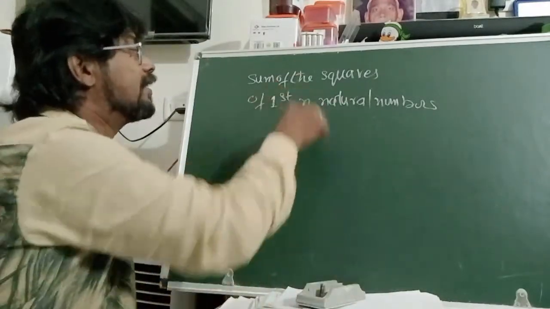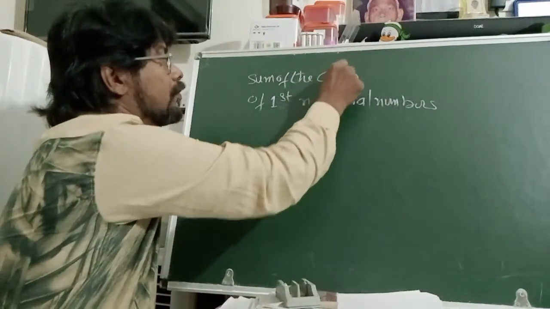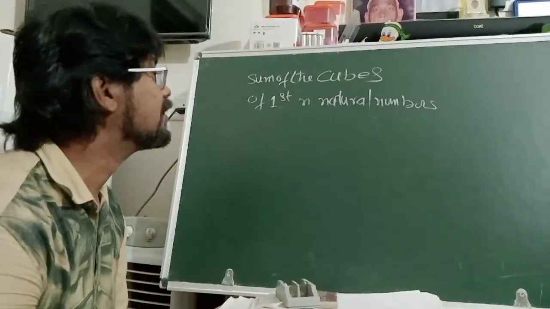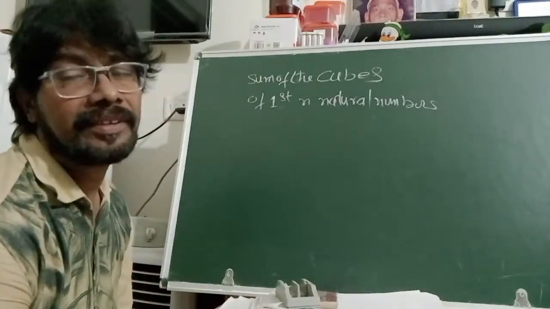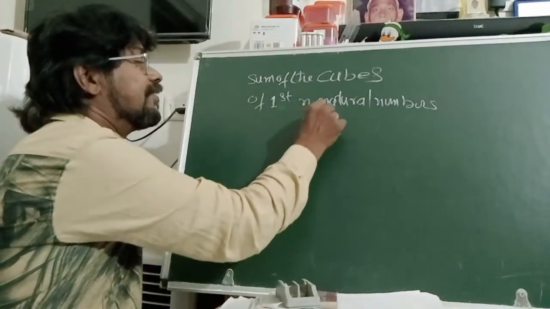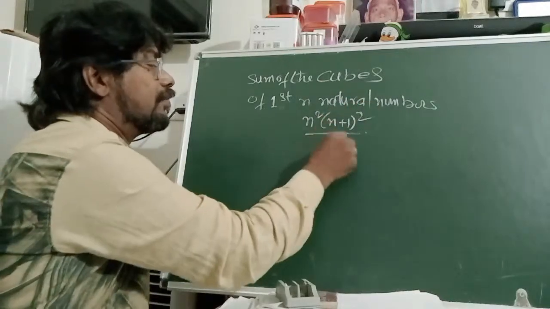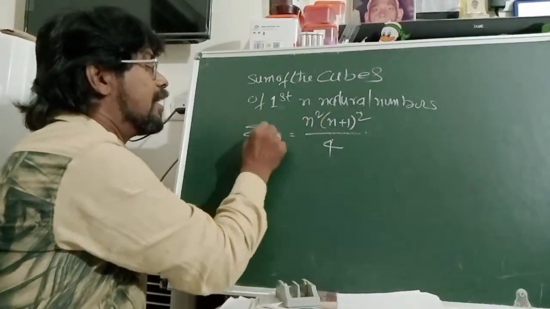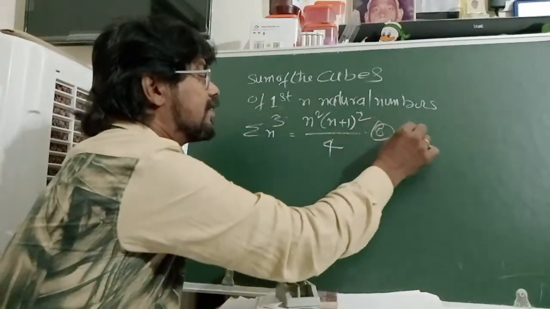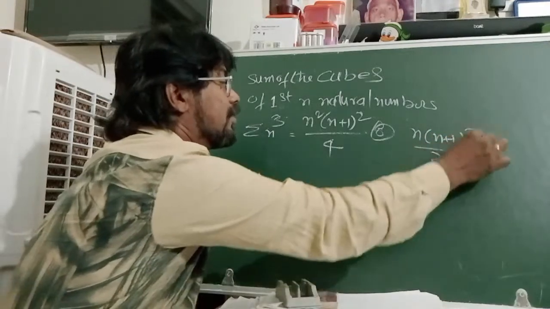Next one is the sum of the cubes of the first n natural numbers. It is n square into n plus 1 whole square by 4. Sigma n, what we say, or you can say n into n plus 1 by 2 whole square.